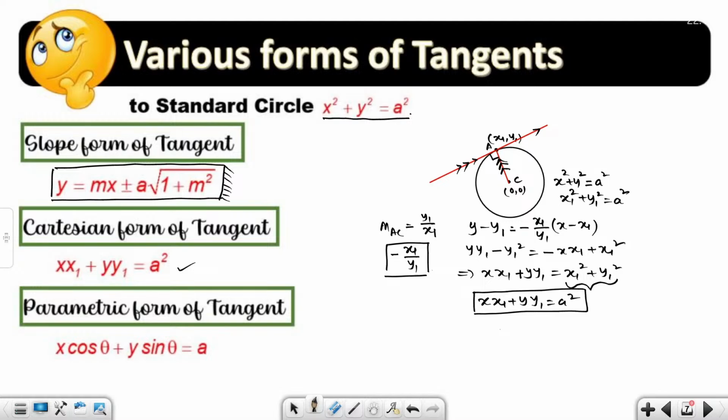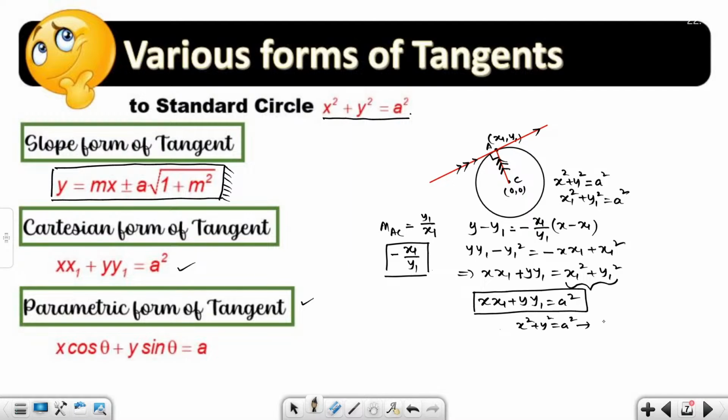So two forms we have learned. One is the slope form of the tangent, and the other one is the Cartesian form of the tangent. At the same time, I have shown you how to find these equations. Now, the last form is what is called the parametric form. We all know, x square plus y square equals a square.